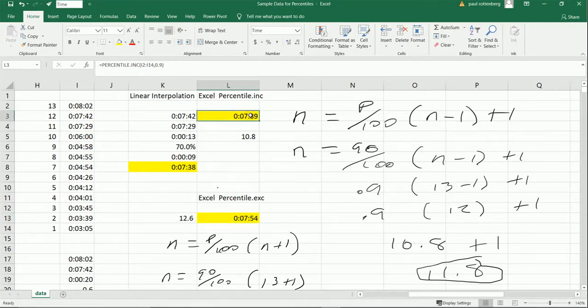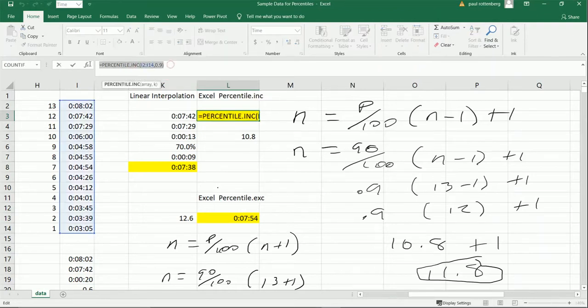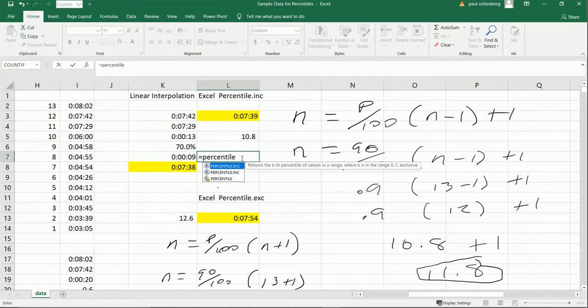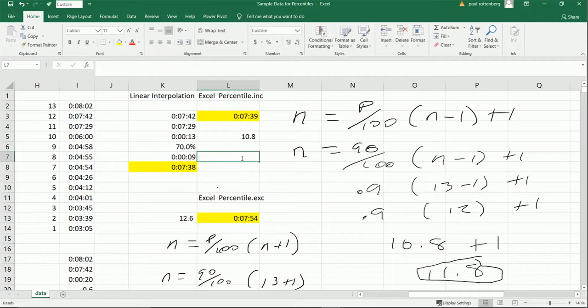So when I do statistics using Excel and I calculate percentiles, I always use equal sign percentile, which is the equivalent of percentile.inc. What makes percentile superior is it has the fewest keystrokes. If I just go equal sign percentile, left parentheses, I'm prompted for the data array and the K, and I will get this answer associated with percentile.inc.